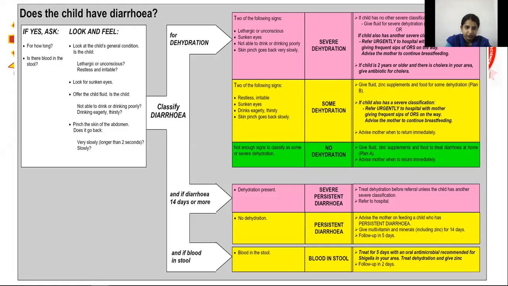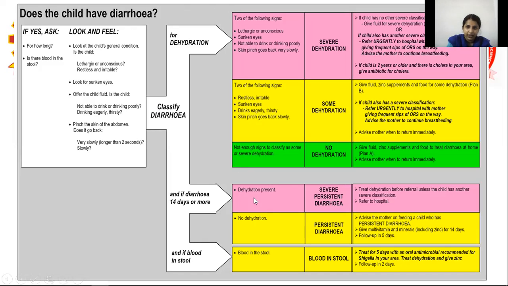Offer the child fluid: if the child is not able to drink or drinking poorly, that comes under severe dehydration. Drinking eagerly or thirsty comes under some dehydration. And pinch the skin of the abdomen, does it go back? If very slowly, longer than 2 seconds, severe dehydration; if just slowly, then it is some dehydration.